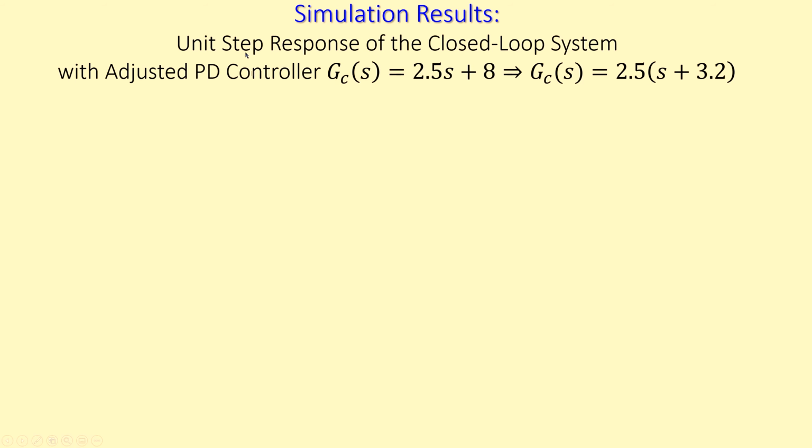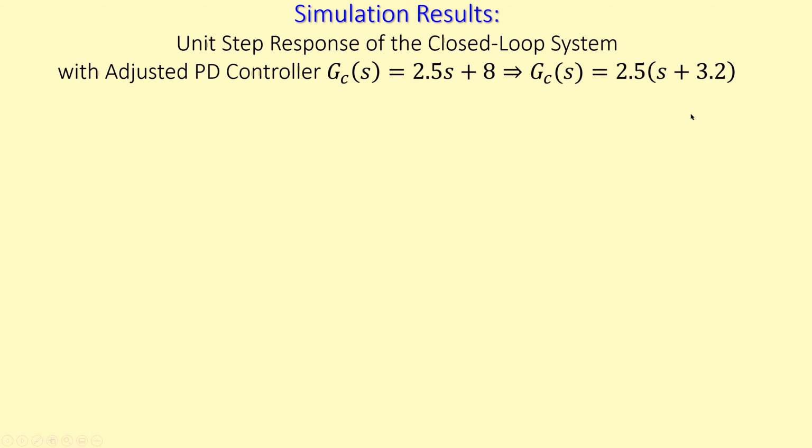So we have now the unit step response of the closed loop system, but with the adjusted PD controller. What I have done is the following. I have just kept the value of the P controller as 8, but I changed the D controller from 2 to 2.5. That will result in 2.5 times S plus 3.2.